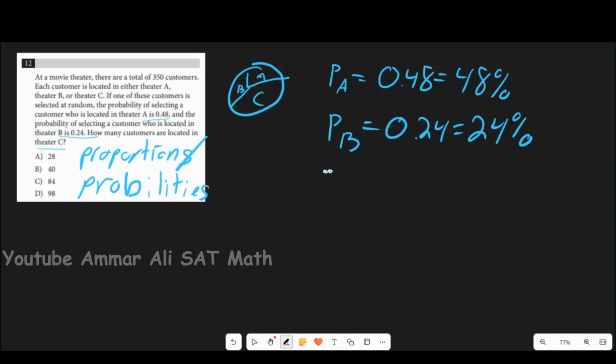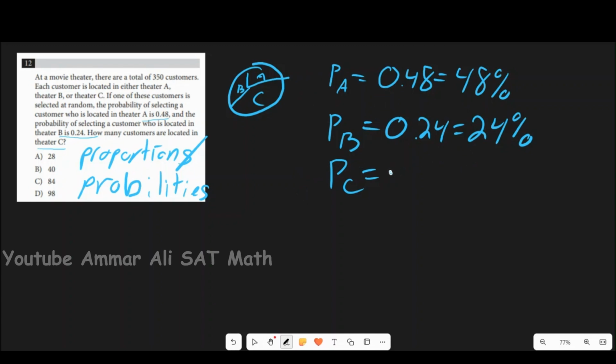So how could we figure out the probability of somebody being in Theater C? Well, percentages always need to add up to 100, and given that all these probabilities relate to the same thing, the probabilities also must add up to 100%.